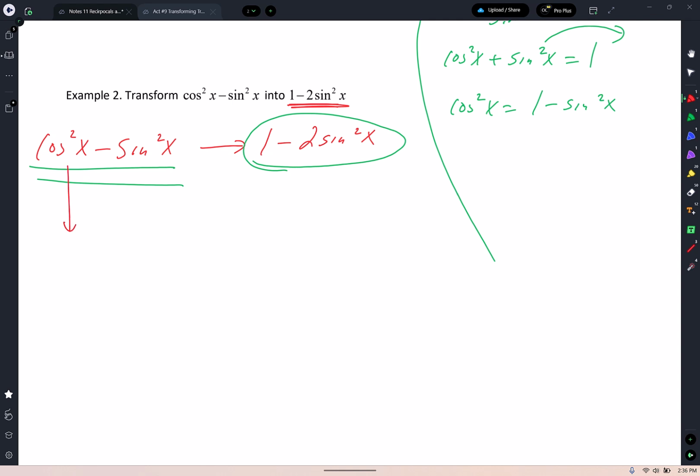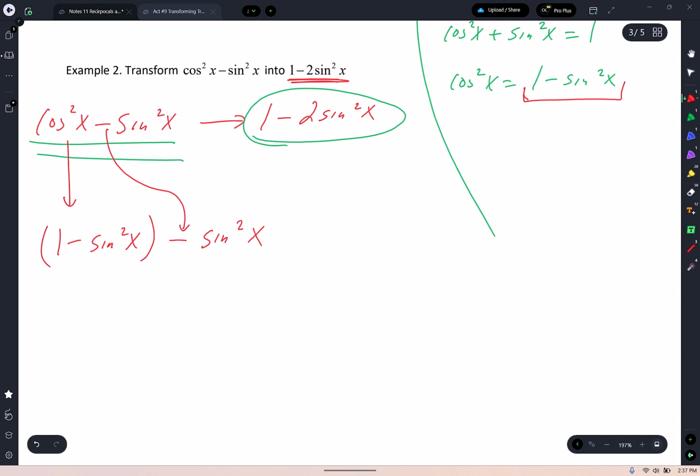Instead of writing cosine squared, I'm going to write 1 minus sine squared, minus, that minus is this minus, sine squared x. Cool or not cool? I'm going to drop the parentheses. Drop it like it's hot. Okay, we're just dropping it. 1 minus sine squared x minus sine squared x.